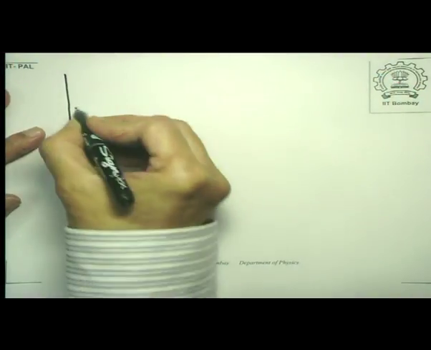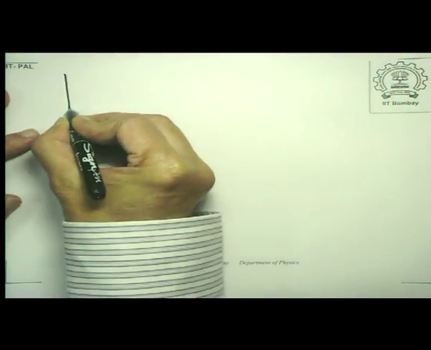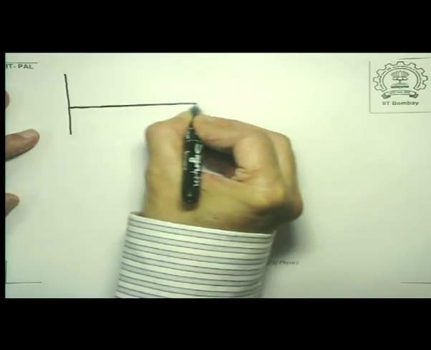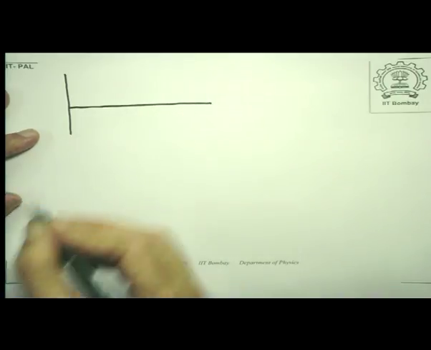So let us look at the charging and discharging of the circuit for a capacitive circuit. Let me redraw the current and the voltage with time for a capacitive circuit, with the voltage shown in black and the current in red.